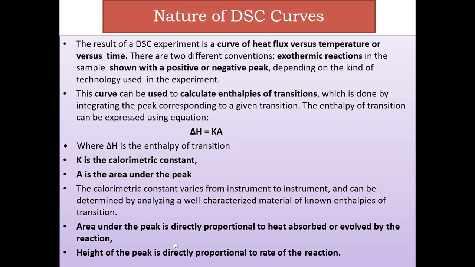The area under the peak, A, is directly proportional to the heat absorbed or evolved by the reaction. And the height of the peak is directly proportional to the rate of reaction. If the reaction is good, the height of the peak will be good.